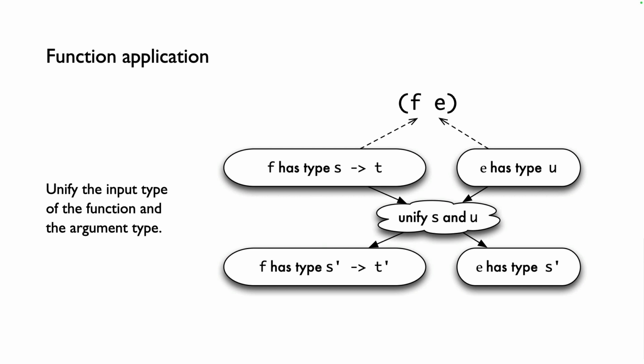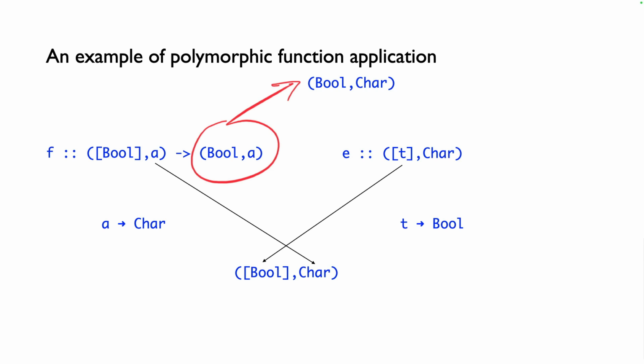But at the same time, we've specialized the output type of the function from t to t prime. The way I'm describing it here sounds a bit abstract, but let me recall what happened when we looked at the example in a previous segment. We unified the type of e with the input type of f, and that required us to replace a by char.